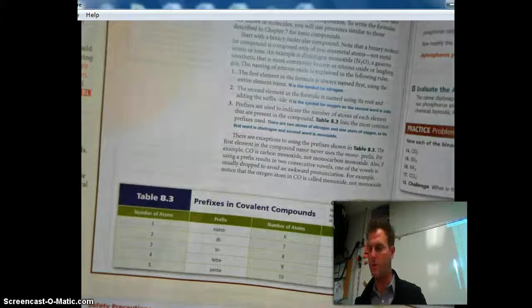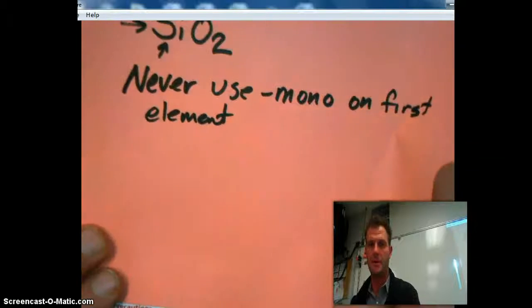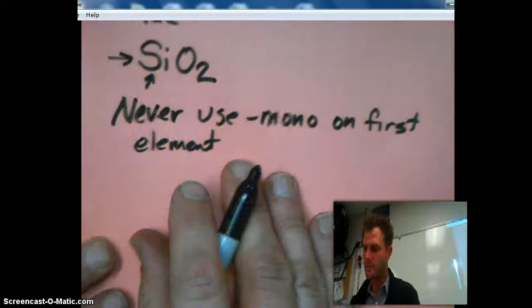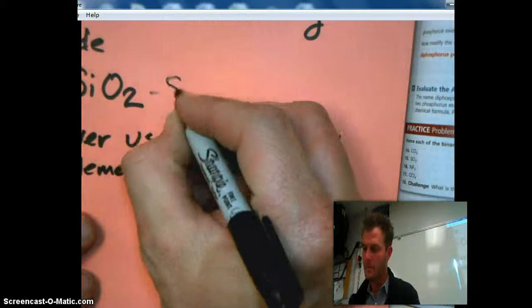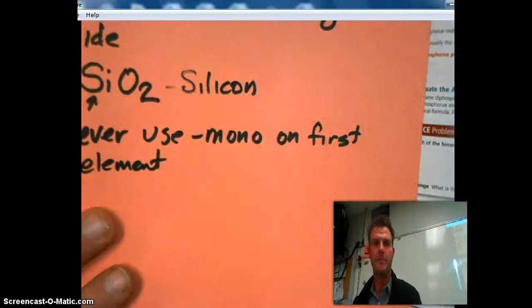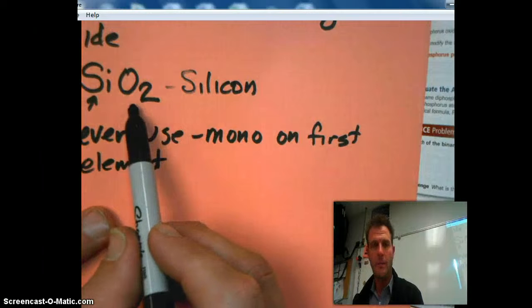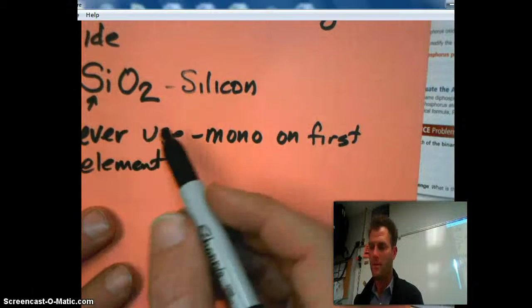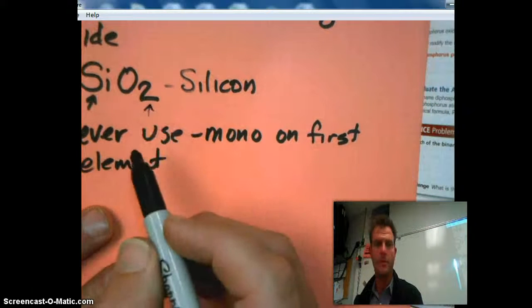So what we're going to do is just simply name this silicon. Now, O2. How many atoms of oxygen do we have here? Yes, we have 2.